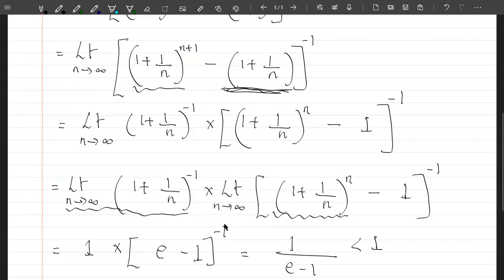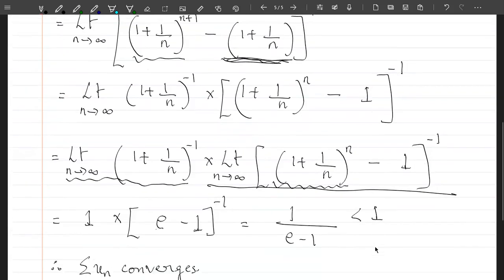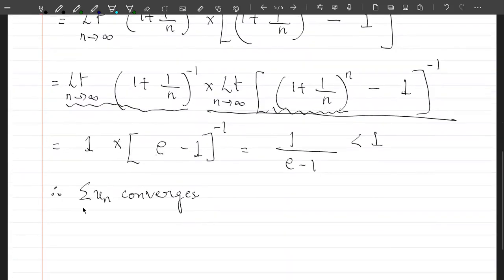So the value of this whole limit term over here will be (e minus 1) with the power minus 1. So I get 1 by (e minus 1) with the power minus 1, or it is equal to 1 by (e minus 1). And the value of 1 by (e minus 1) is less than 1. So I can write the conclusion as summation un converges.